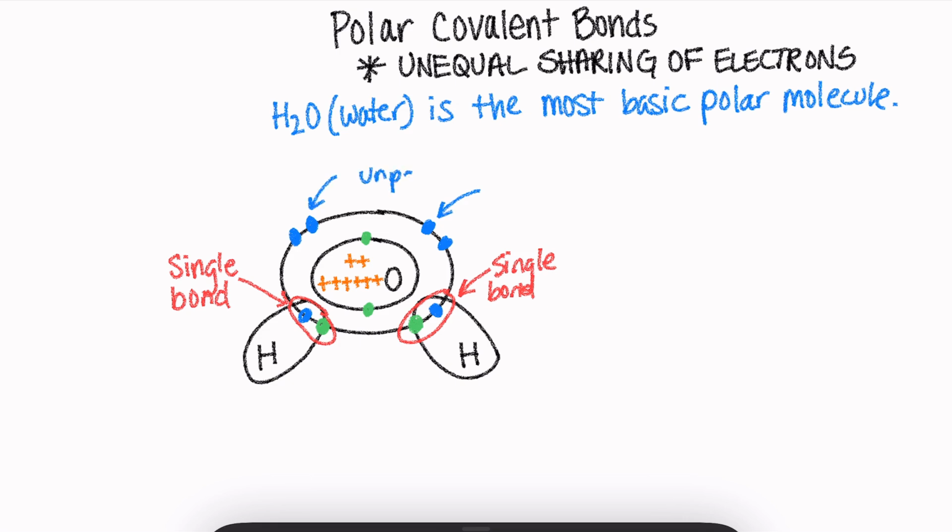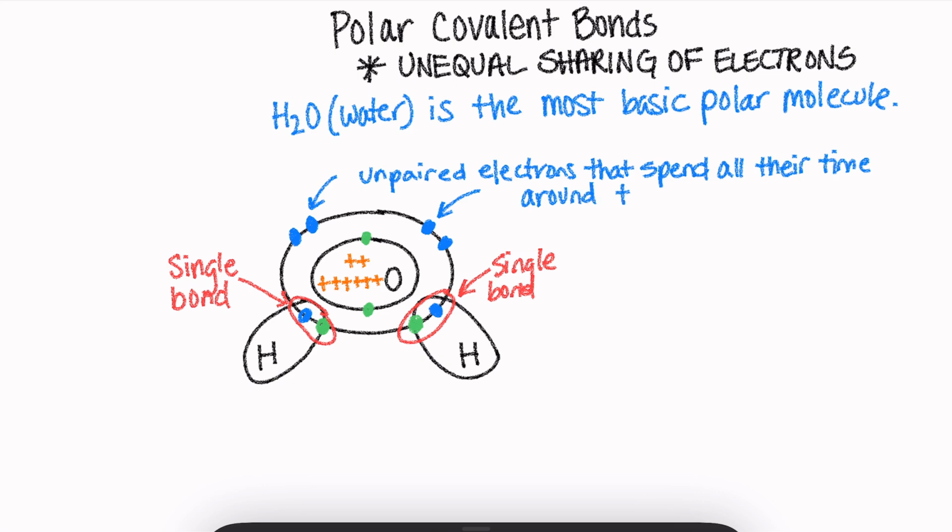These are unpaired electrons that spend all their time around oxygen. So do you see how that makes that end of the molecule a little bit more negative? So the electrons are pulled toward that end of the molecule.